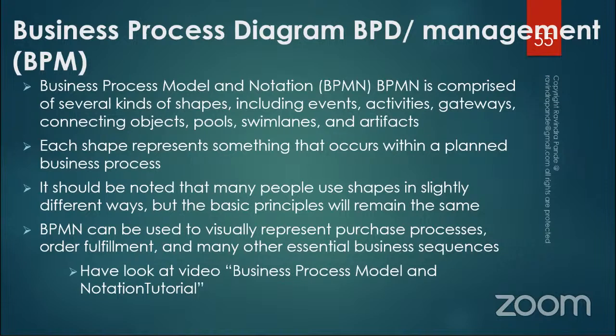This tool can be Visio, or a separate BPMN tool. There are a good number of tools available for BPMN as well. Each shape represents something that occurs within a planned business process. It should be noted that many people use shapes slightly differently, but the basic principle remains the same. So we are trying to build a discipline into this diagramming, and BPMN can be used to visually represent purchases, processes, order fulfillment, and so on and so forth.